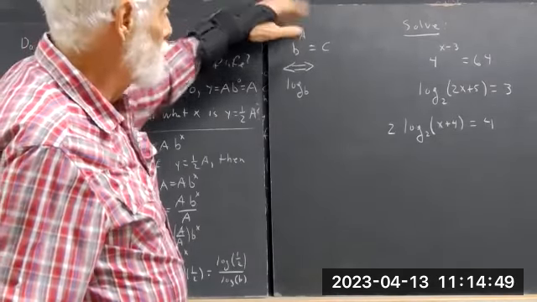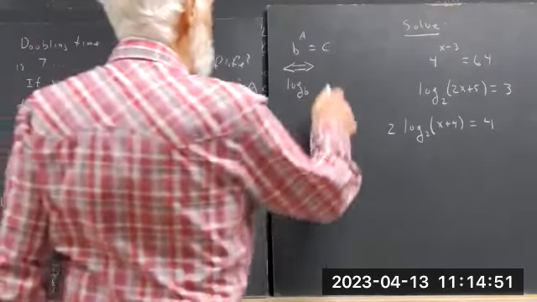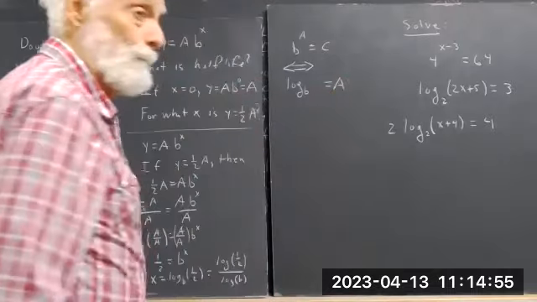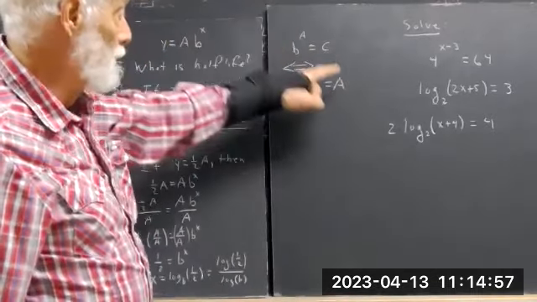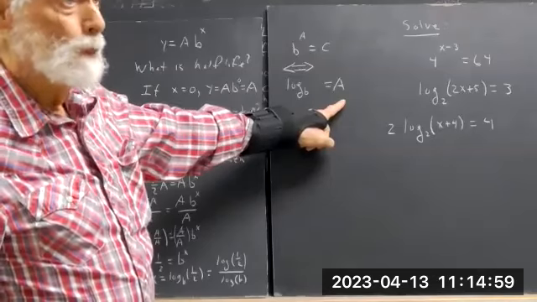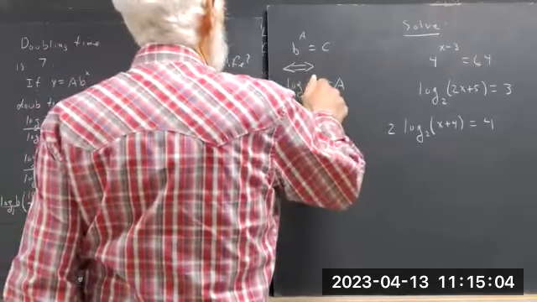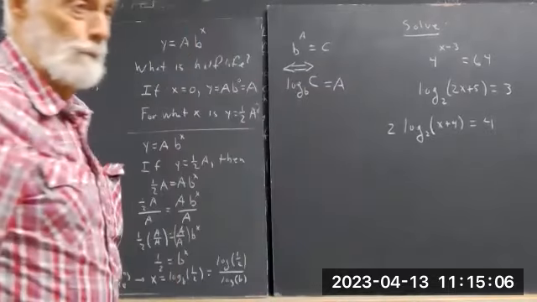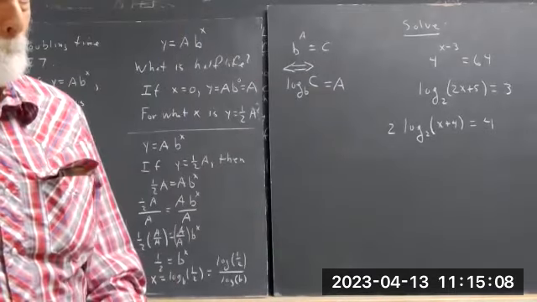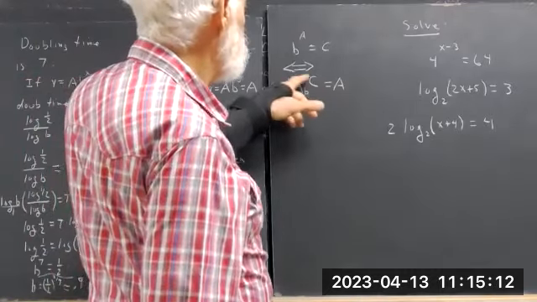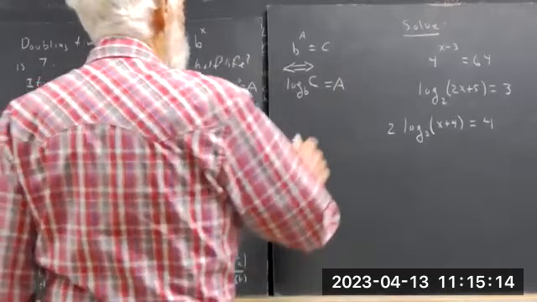Okay, so the reason you change this to logarithmic form is so you get something that's equal to A. So A goes from the exponent to right here where you want it. You want to solve, and that leaves only one place for C. It's right here. Okay. So log base B of C equals A.